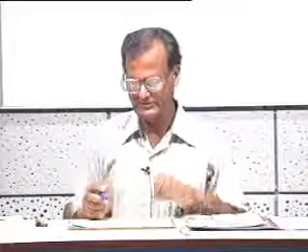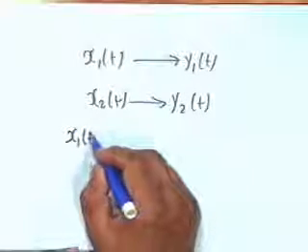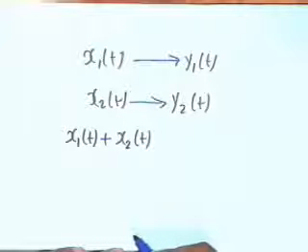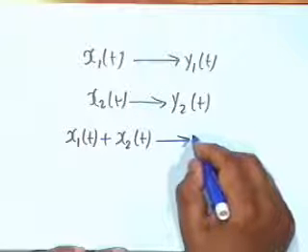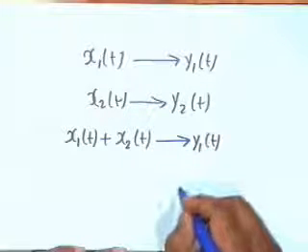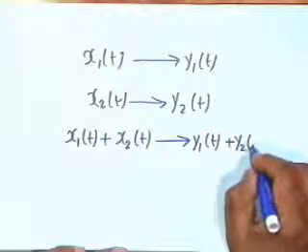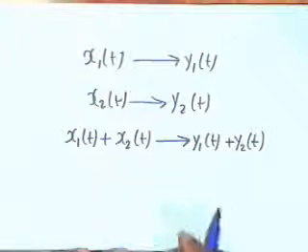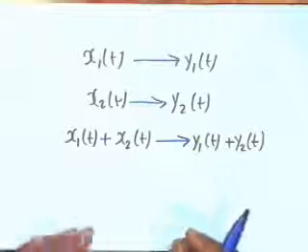Then superposition says that if you apply both of them simultaneously, and if the system obeys superposition, then the output should be the superposition of the two separate outputs. That is, if the two input signals are superimposed on each other, the outputs should also be superimposed on each other.